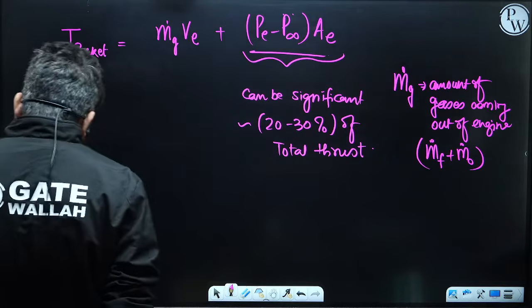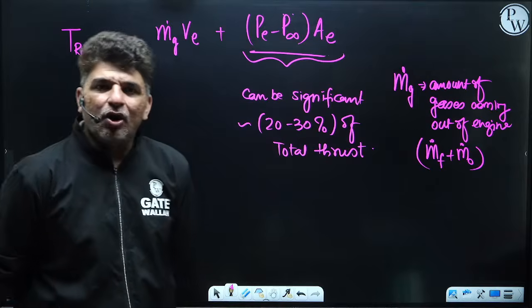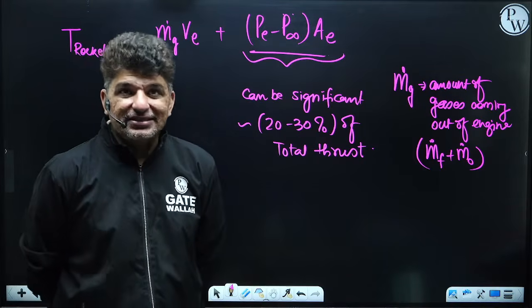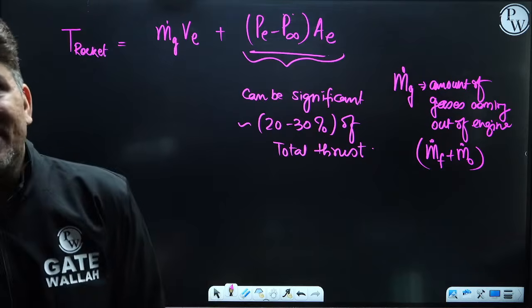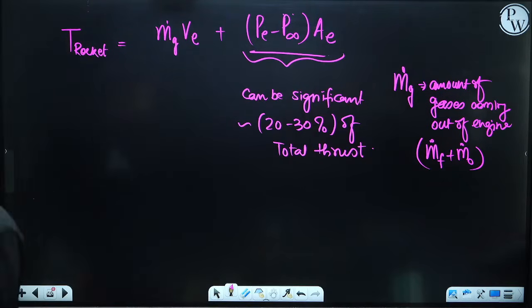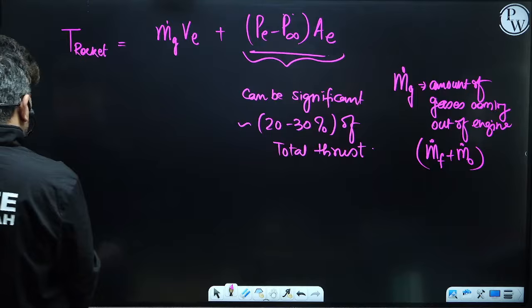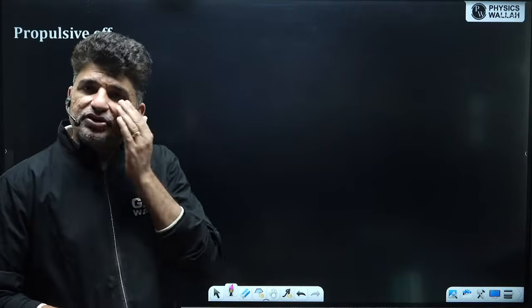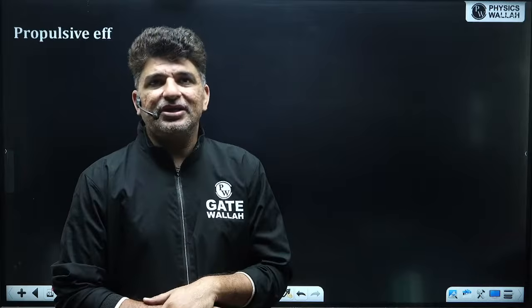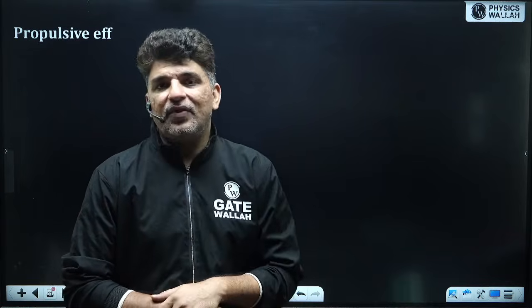Now once we have seen all the thrust equations, let's discuss the efficiency of an engine. When we talk about efficiency, there are two types. The turbojet engine has two things.